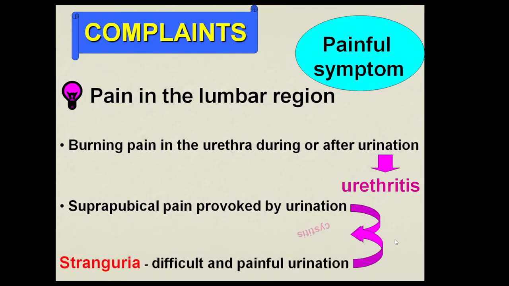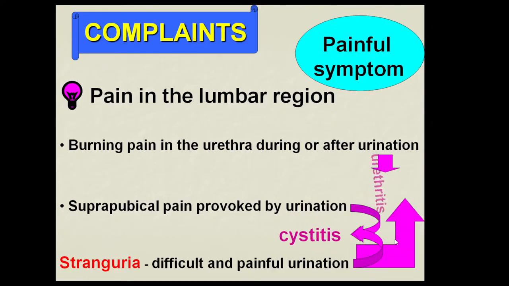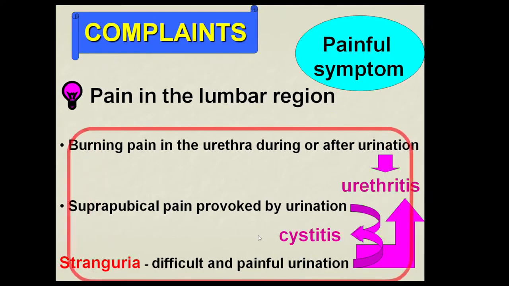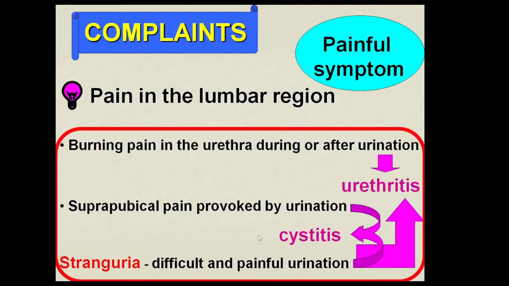Difficult or painful urination is called stranguria, which is characteristic for affection of the lower urinary tract, urethra, or urinary bladder. I want you to remember that these problems are not characteristic for kidney pathology.